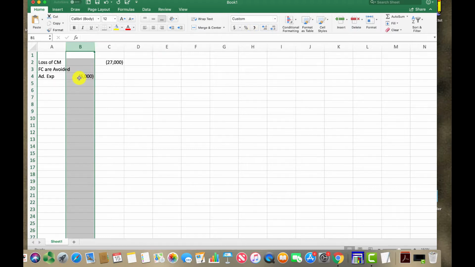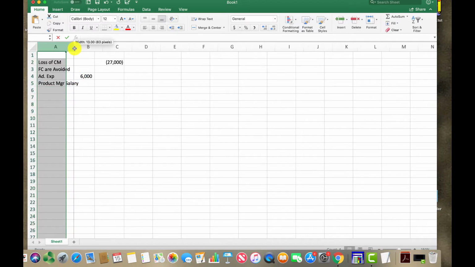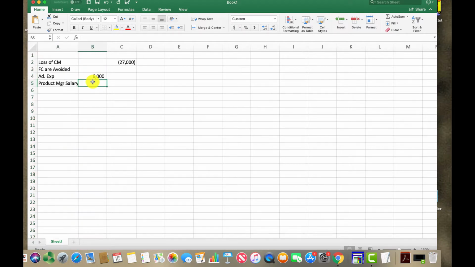So we're avoiding a $6,000 expense. The next thing that we are avoiding is the salary of the product line manager, which is $10,000. So I'm just going to say product manager salary, and that's $10,000. So we're avoiding these two fixed expenses.